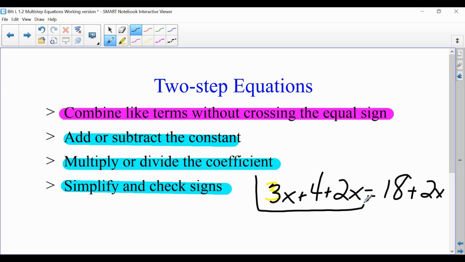You can only combine on each side of the equation. So you can only combine on the left side, or you can only combine on the right side. You cannot cross the equal sign without doing those inverse operations. So that would be the opposite operations, like adding and subtracting or multiplying and dividing. So let's see what this looks like.